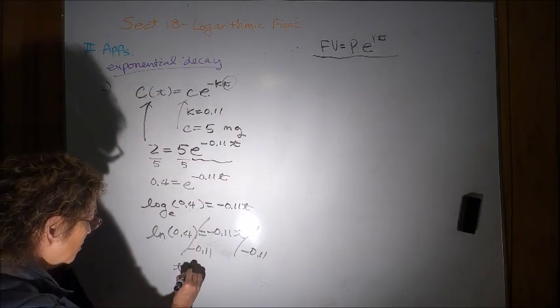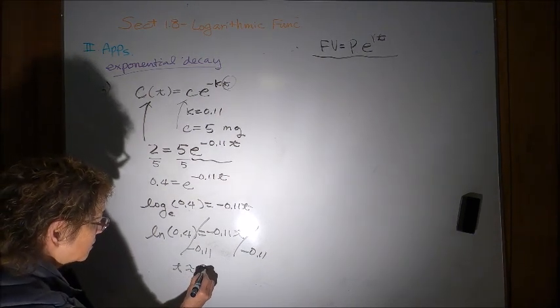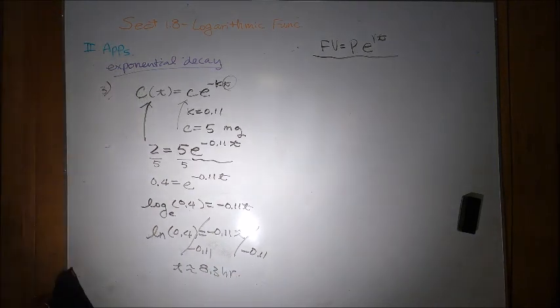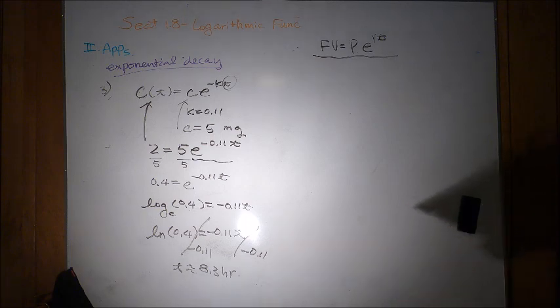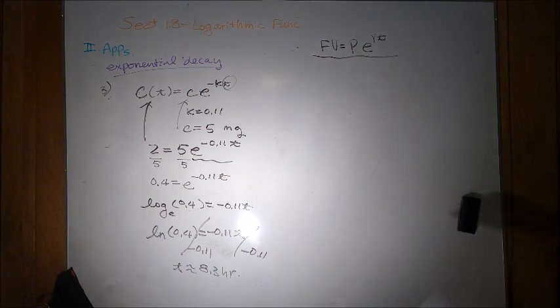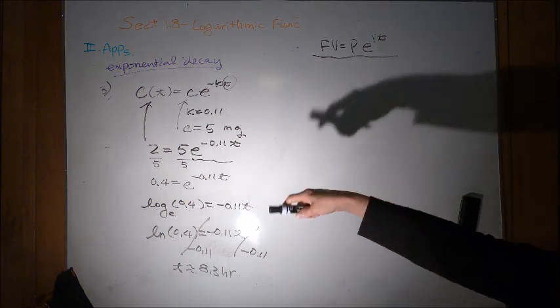So your T would be about 8.3 hours. What it's saying is that after 8.3 hours, the 5 milligram dosage will decay to 2 milligrams. By then, they have to put in another dose to help the patient, to keep it effective in the patient's body. That's how we use it.